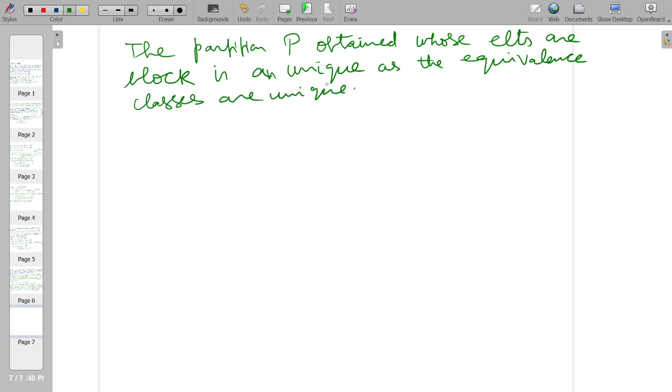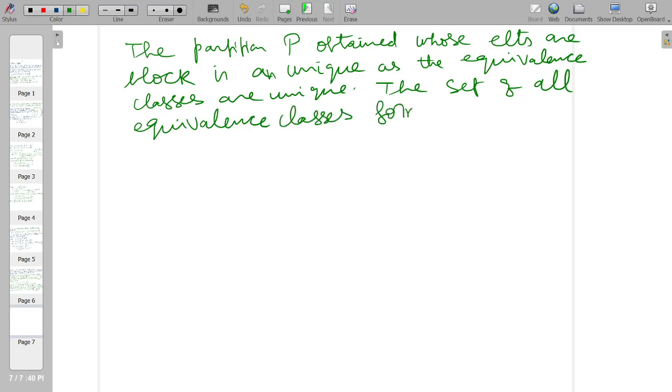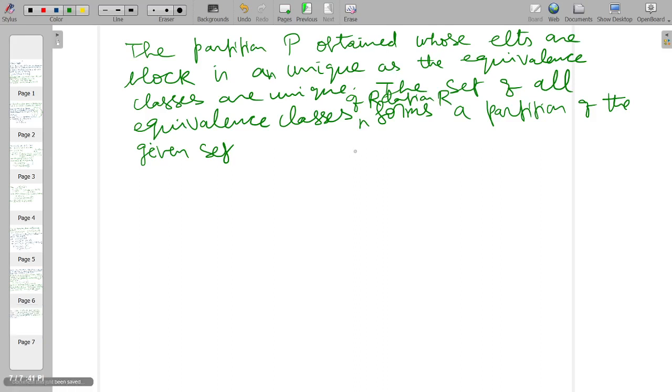So in this case, the set of all equivalence classes of relation R forms a partition of the given set.